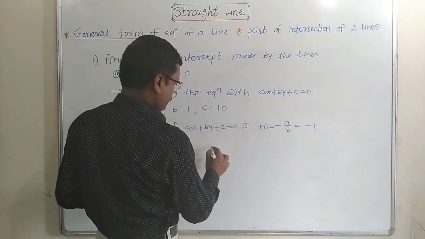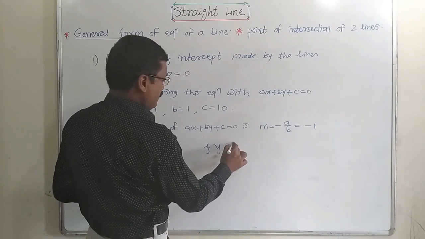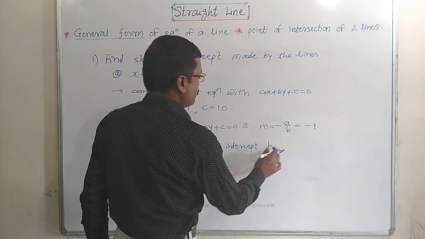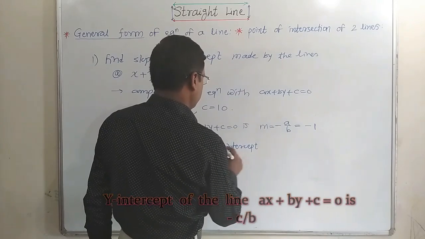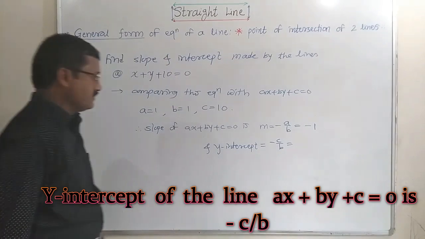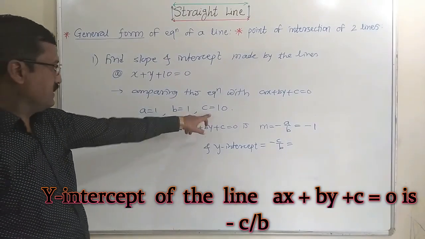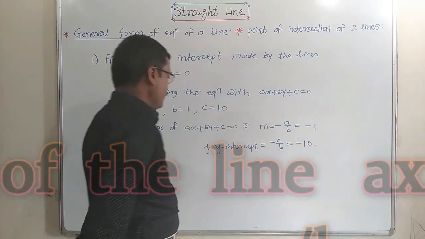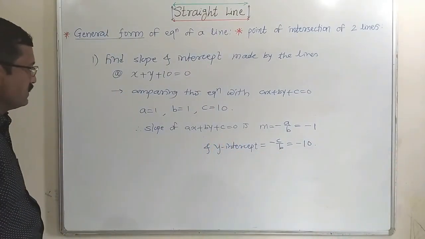And y-intercept, let us denote y-intercept is equal to minus c upon b. That is equal to minus c, that is minus 10 upon b is 1. So we get minus 10. This is the way to find slope and intercept.